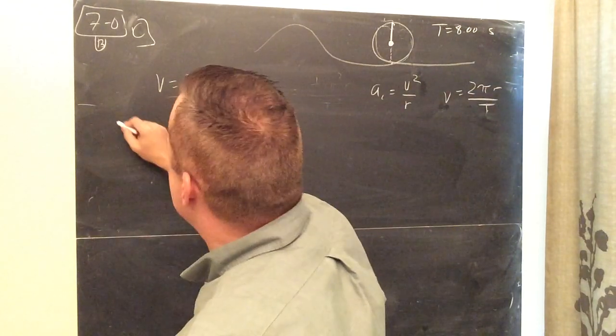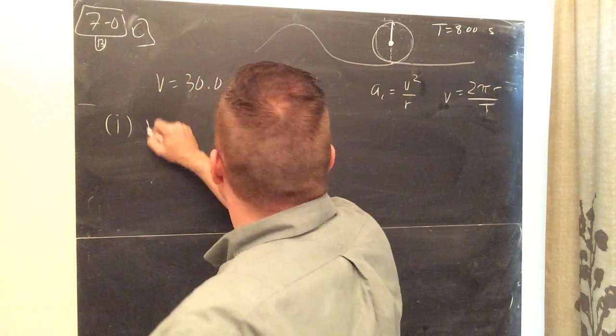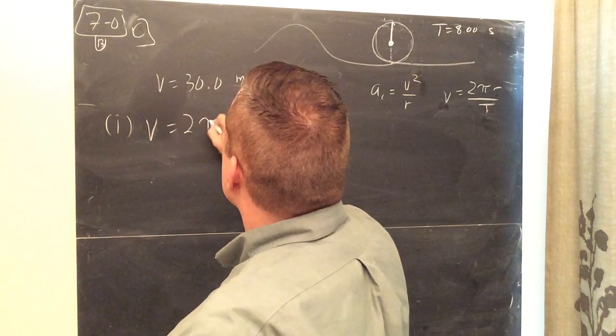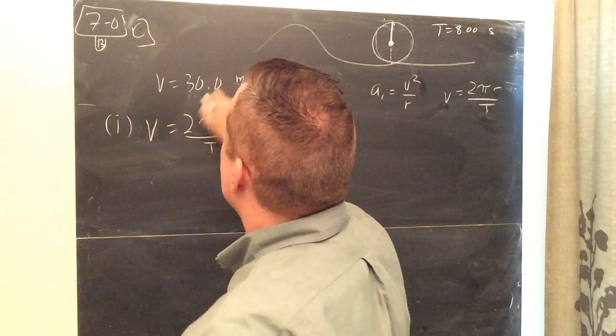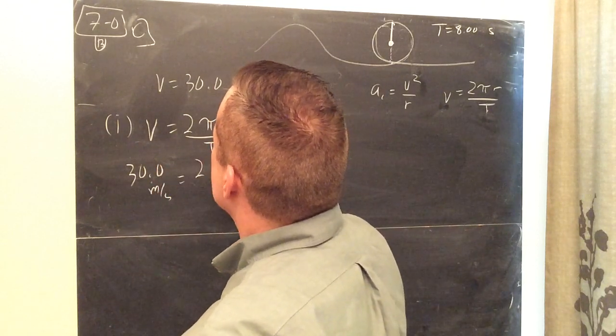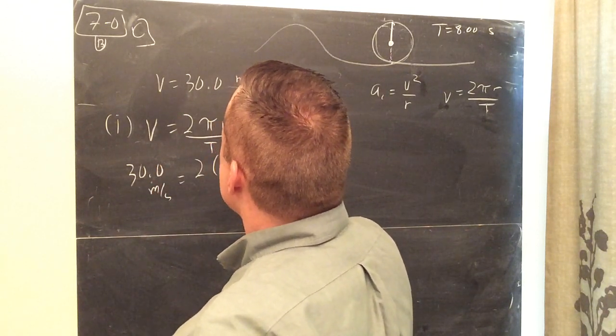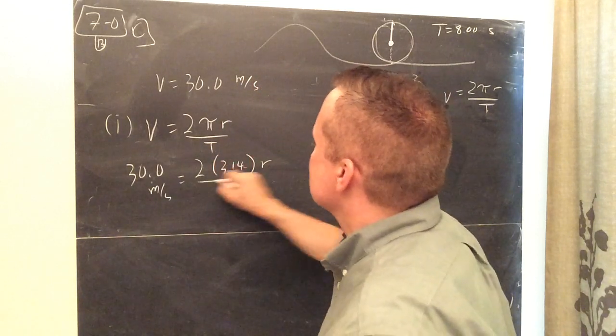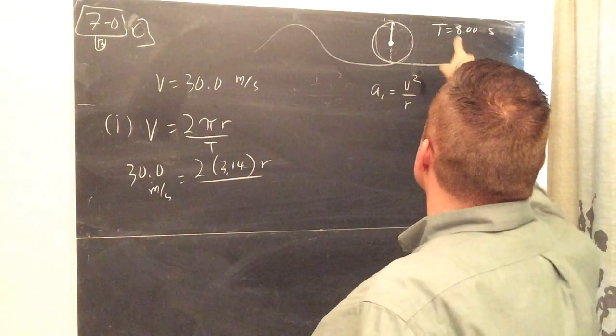So number 1, the height of the loop. 30 meters per second equals 2 times 3.14 times R. We don't know the radius, but we know that the period is 8 seconds.